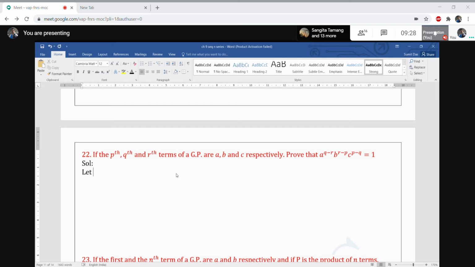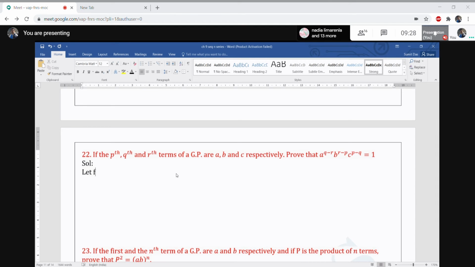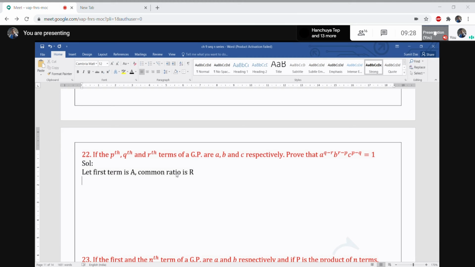Let the first term be capital A. Look here, small a is already taken, so I'm taking capital A and capital R. The common ratio is capital R. As per the question, the pth term is a.